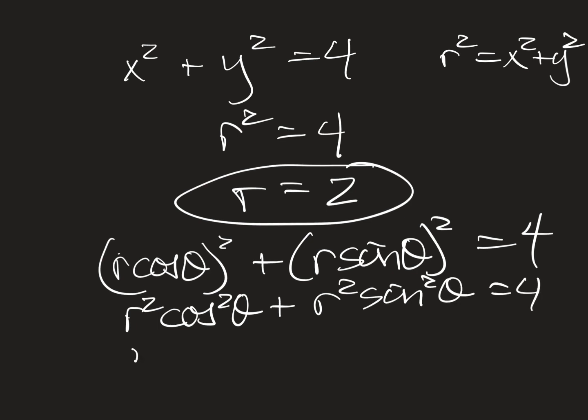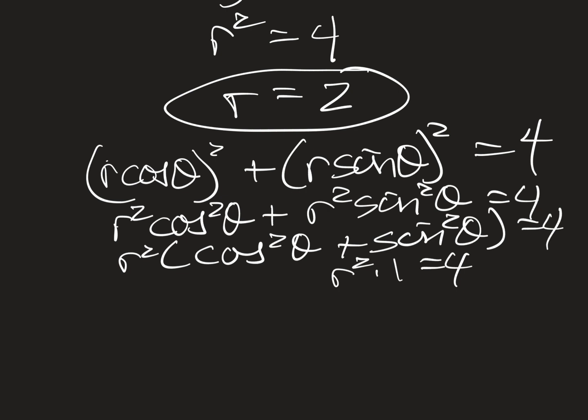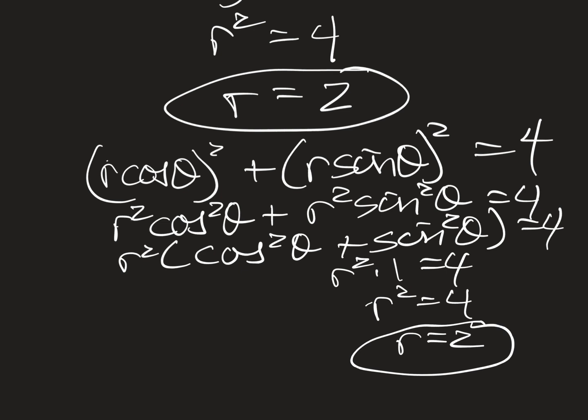And you can factor the r squared, and you get r squared times cosine squared theta plus sine squared theta equals 4. And cosine squared plus sine squared is 1, so you get r squared times 1 equals 4, which gives us r squared equals 4, or r equals 2. So you could have made either substitution and solved for the polar form quite easily.